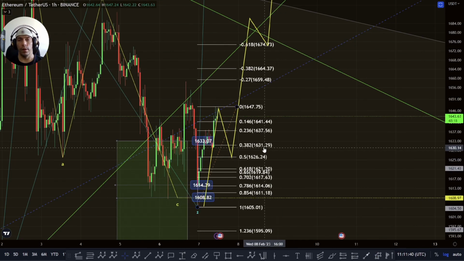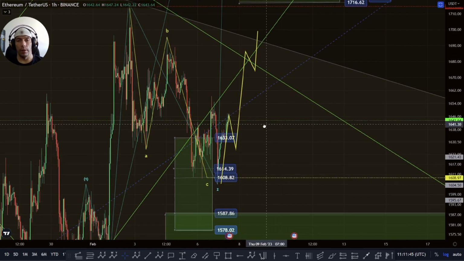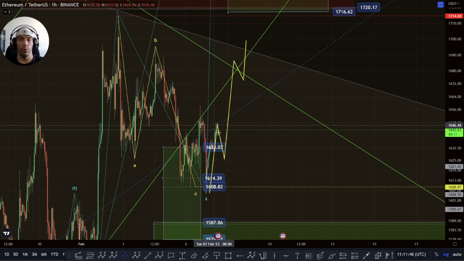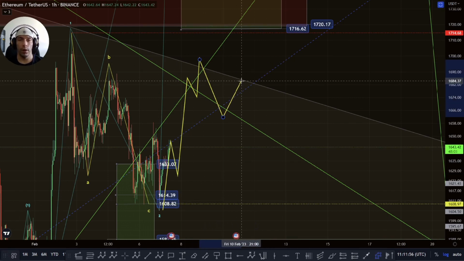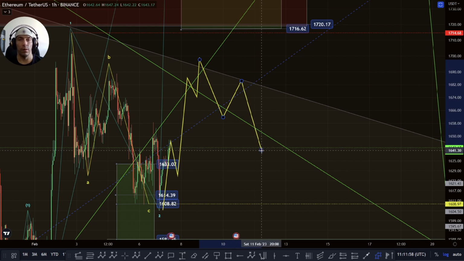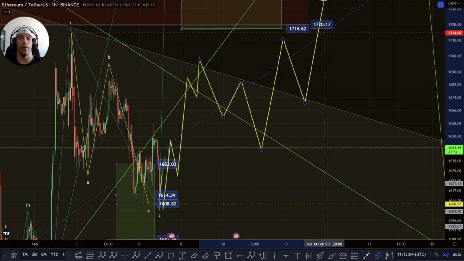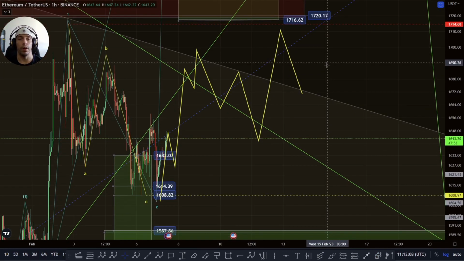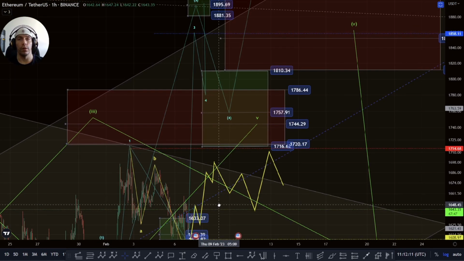That would then give us the potential to actually have this as a one or a next move to the upside. So, basically what we would want to see if we're looking for this bigger impulse here is see this 5 wave move. Then we'd want to come back, potentially backtest some of these areas with the third wave, with the wave 2, and then look to potentially break through here with a 1 of 3, and then really start to get going, because this as a third of a third wave should be quite impulsive.